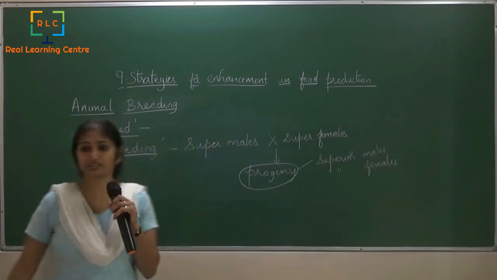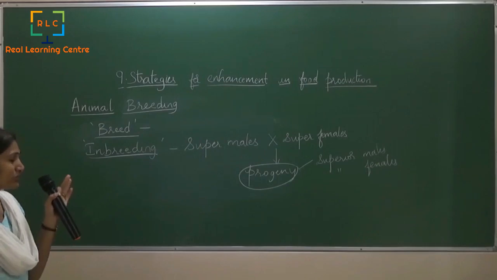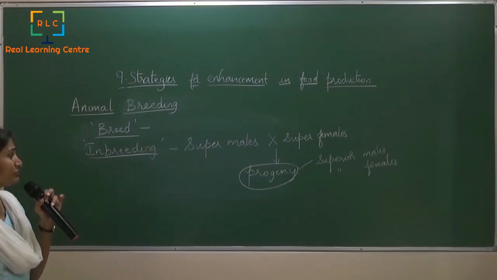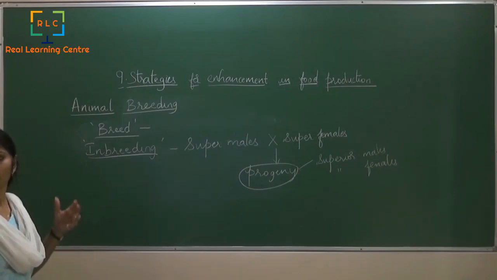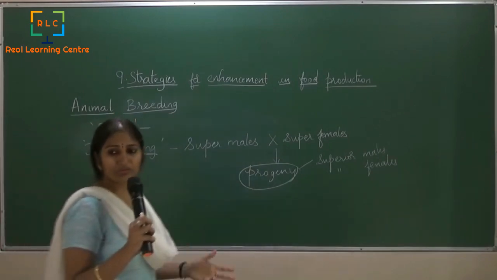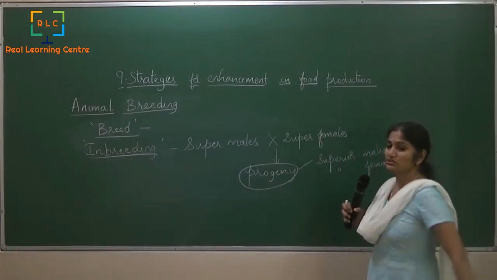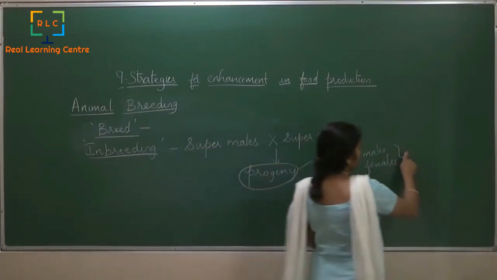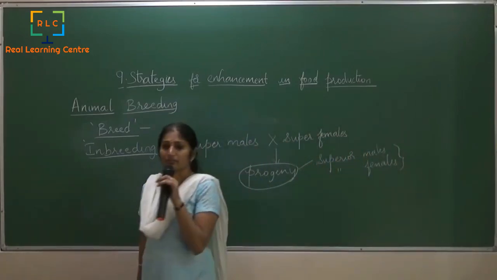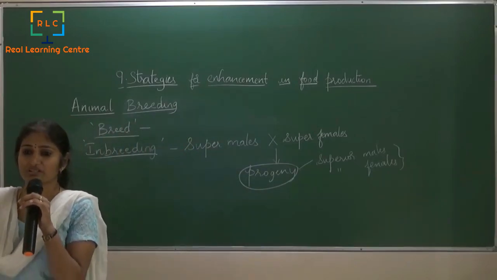So from super males and super females, many times we also call them superior males and superior females. From there we get the progeny. This progeny is evaluated to select some of the most profound organisms which have higher reproductive ability, and we call them the superior males and the superior females. Now these are allowed to mate further, and this gives the next progeny, the F2 generation, if I can call it that in terms of genetics.